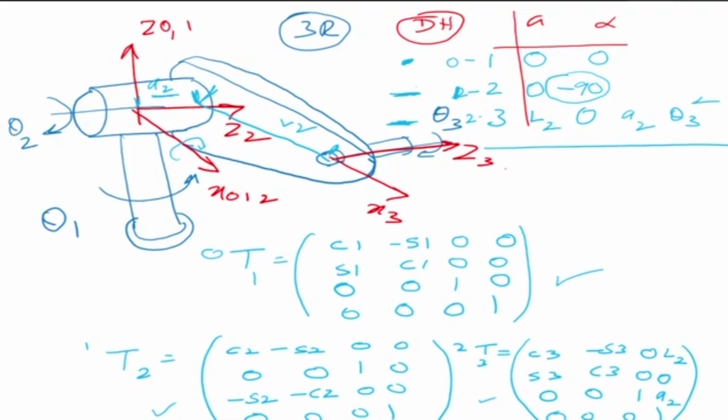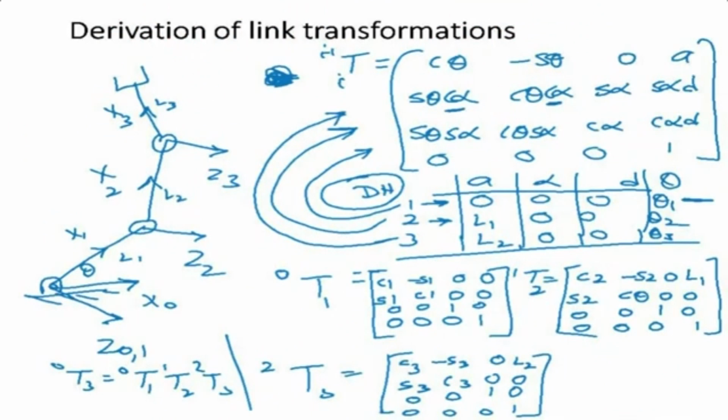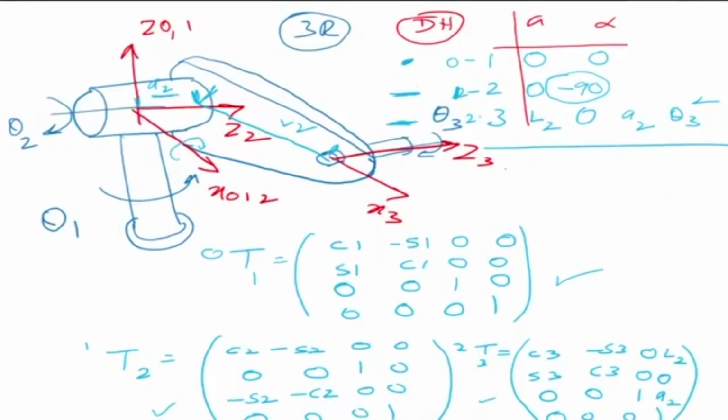Every time it takes one row, puts it in the generalized matrix and gets the corresponding matrix. This generalized matrix is entered, and every time the values of theta, alpha, D and A are put in. Then multiply them all out and get your final transformation matrix between the end effector and the base frame.